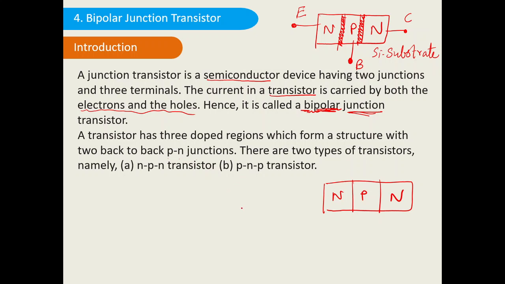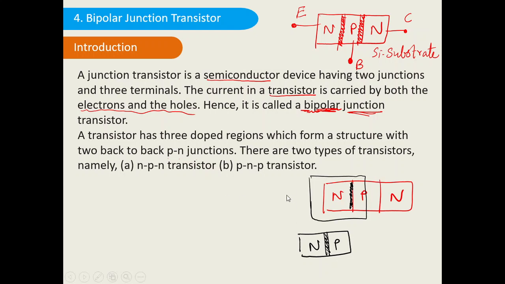So if I look into one particular part, let me use some other color. If I consider only this much part, here the junction is present. So this is going to be N and this is going to be P. This is nothing but a normal PN junction diode.